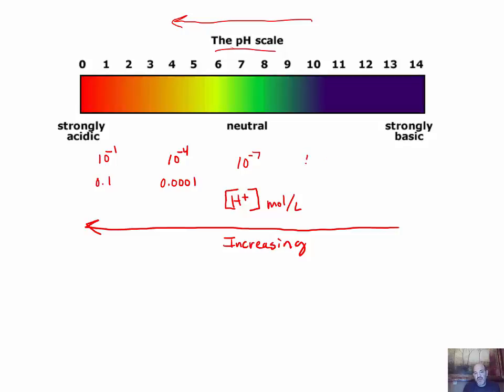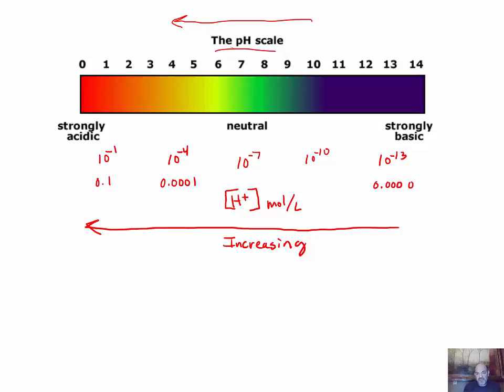For example, a pH of 10 would be 10 to the negative 10 moles per liter of hydrogen ions, and a pH of 13 would be 10 to the negative 13. And that would be an extremely small number. That would be like 0.000, that's 3.